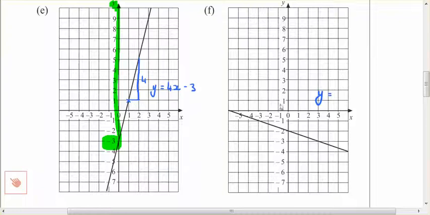What's the gradient? If we pick a point, the rise is 1, pick another point, the run is 3. So the gradient is minus 1 over 3. It's not minus 3, it's minus a third. And then it's minus a third x minus 2.